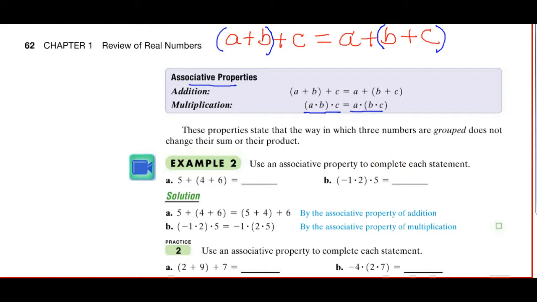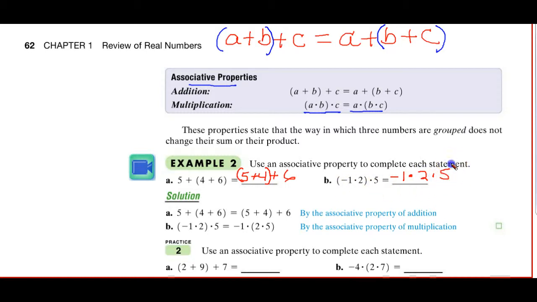So what will the example be here? Well, again, the order is going to be the same. 5 plus 4 plus 6. But here we're adding the 4 and 6. Now we're going to add the 5 and the 4. And here, again, the order is the same. -1 times 2 times 5.